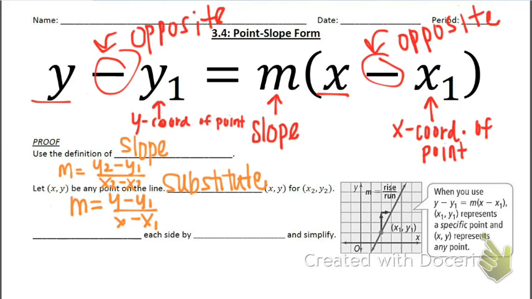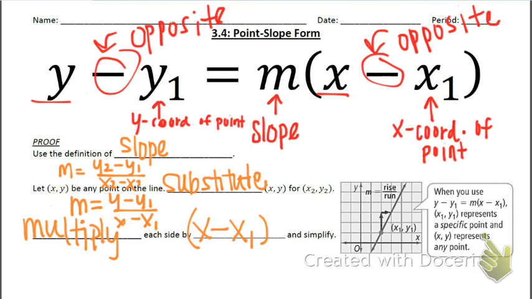Okay? Now, I want to get this x minus x1 out of the denominator. Right now it's being divided. So what's the inverse of division? Multiplication. So we are going to multiply each side by the denominator, x minus x1, and then simplify.